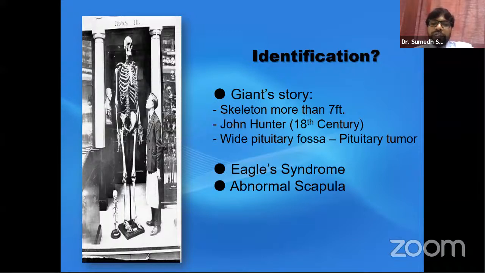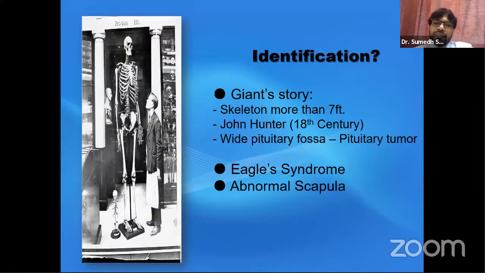Then I have also encountered one case of Eagle syndrome. What is this Eagle syndrome? Excessive length of the styloid process of the skull. There are various styloid processes, but here the skull styloid process.